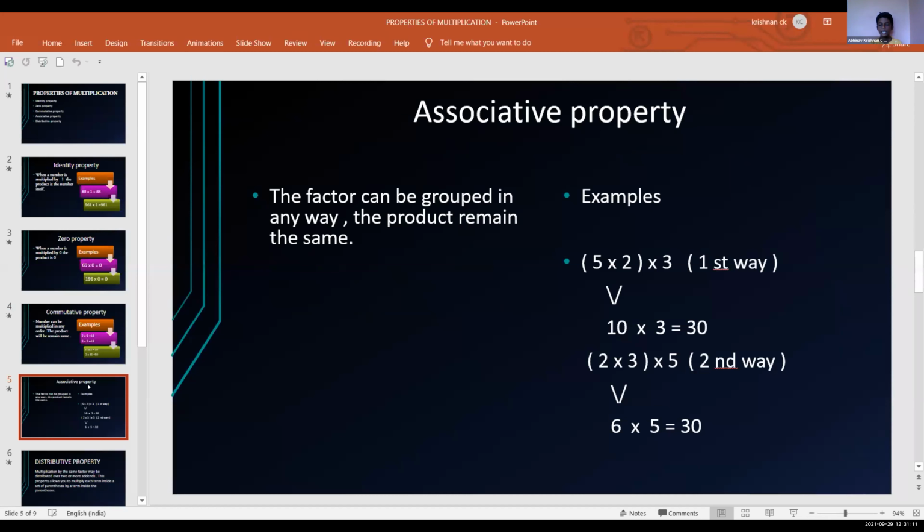Next multiply 10 into 3, which gives us the product as 30. Let's solve it in the second way. 2 into 3 gives us 6. Next multiply 6 into 5, which gives us the product as 30.